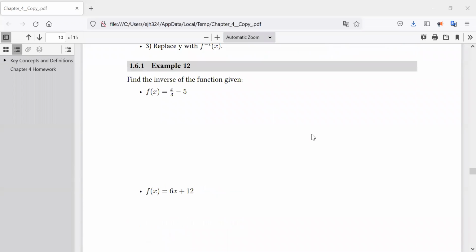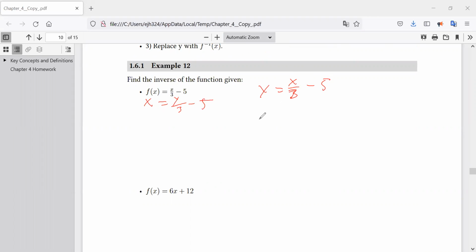You can think of it as this becomes x, and then you replace all of the x's on this side with y's, or you can think of it as an extra step: we have y equal to x over 3 minus 5, and then you do the switch of the x's and the y's.